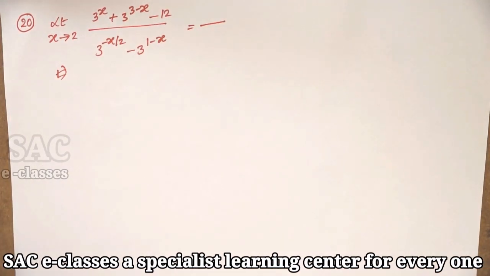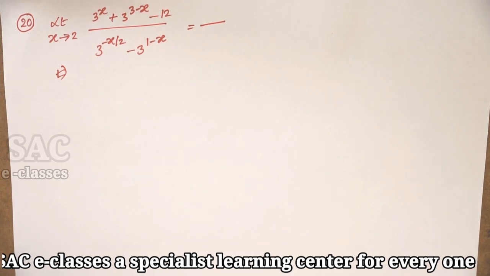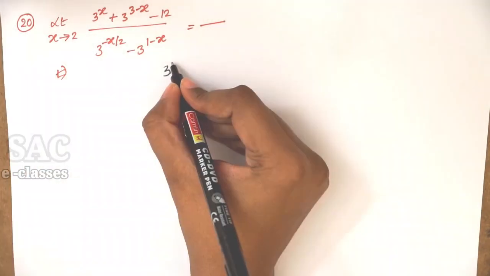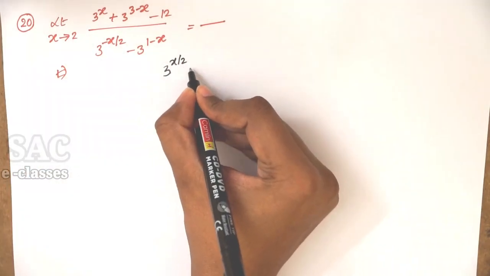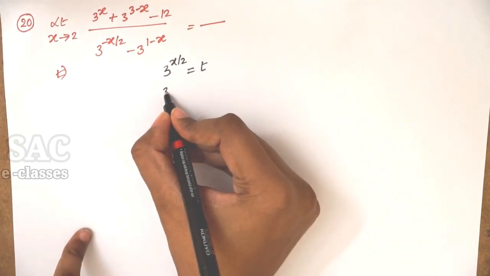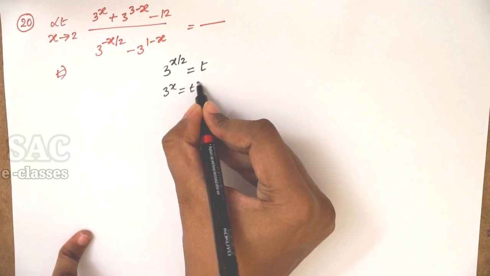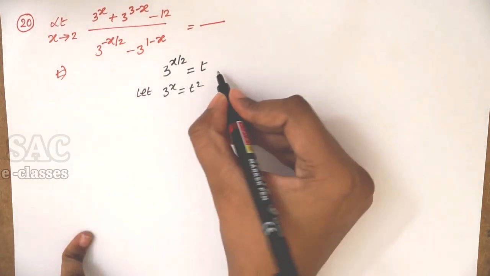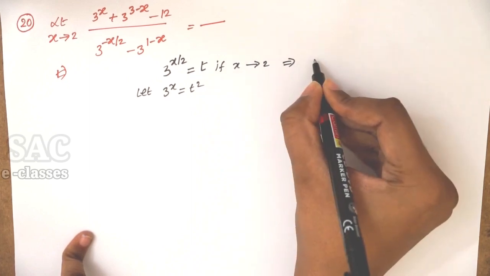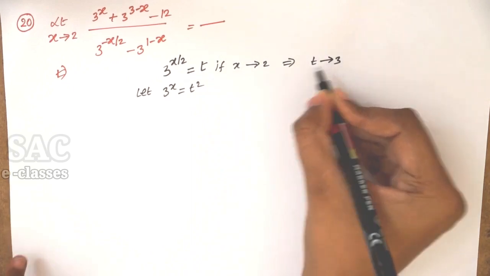Look at problem number 20. Taking out common factors and all these may take much time, so let us assume that 3 power x by 2 is some t, where 3 power x is t square. So if x tends to 2, t tends to 3.